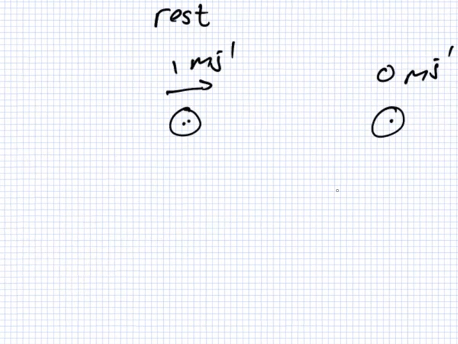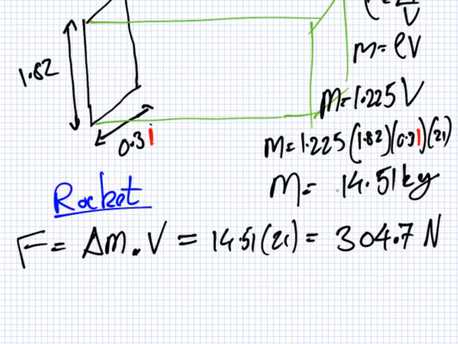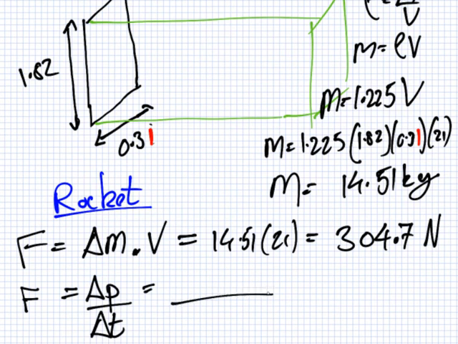Now if you wanted to, you could also think about it like this as well. This would be 1, and this would be mv minus mu.